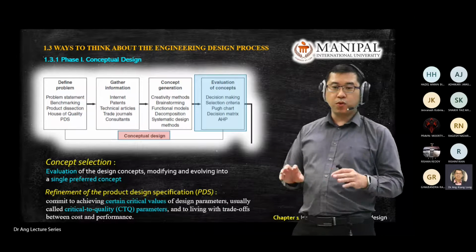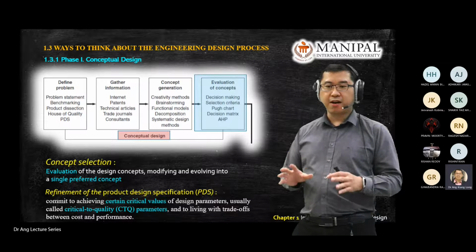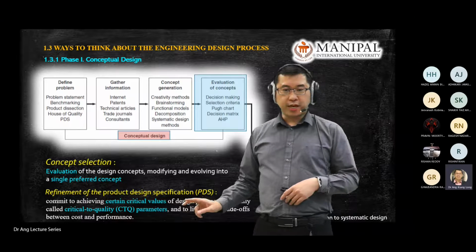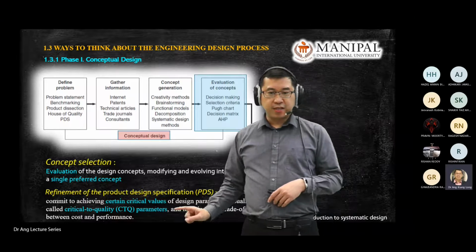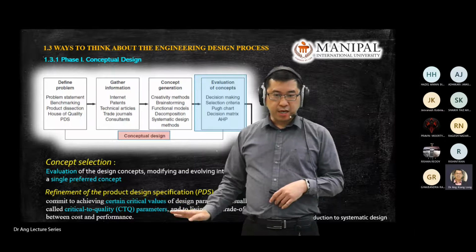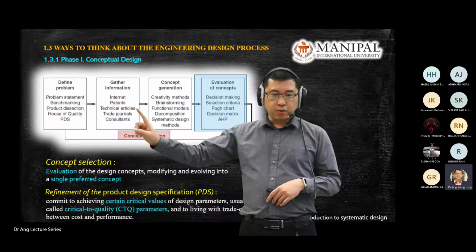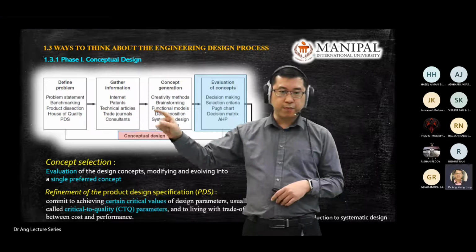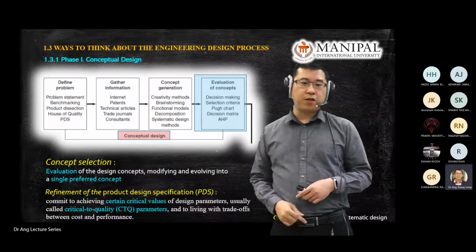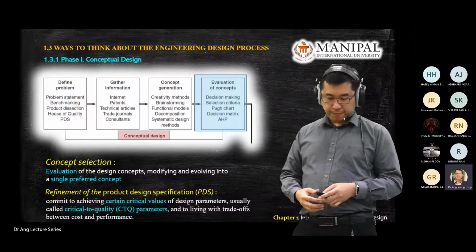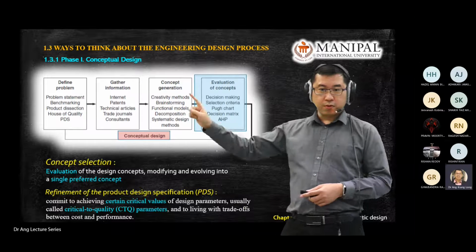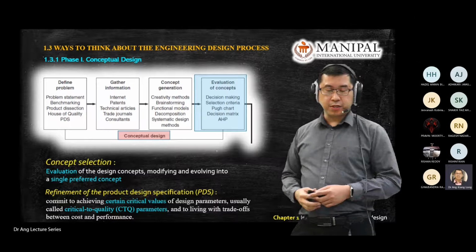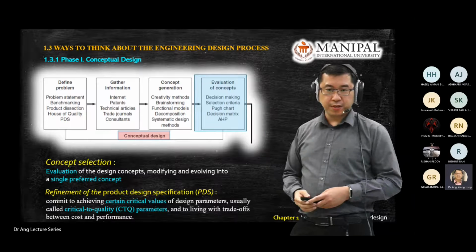What is a good go-kart car frame? You need to go and decide. Later you come to this stage, and you also go back to the stage where you gather information and put it into the report. So we have come to conceptual design, the fourth step.